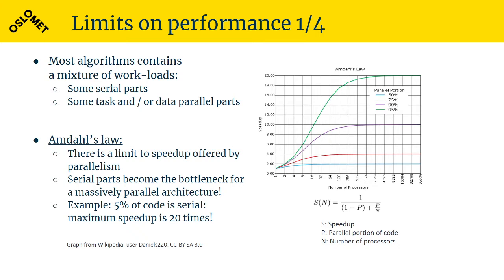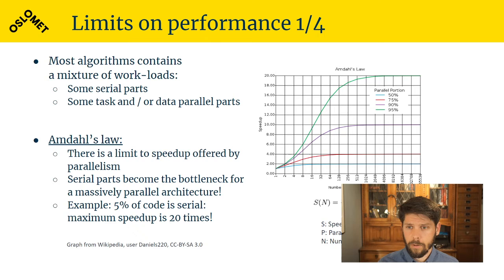And if we look at this graph up there, that shows something like the 95% graph, which is the green one. It shows that if you have a computer code which is 95% parallel, the highest speed up you're going to get is 20 times.